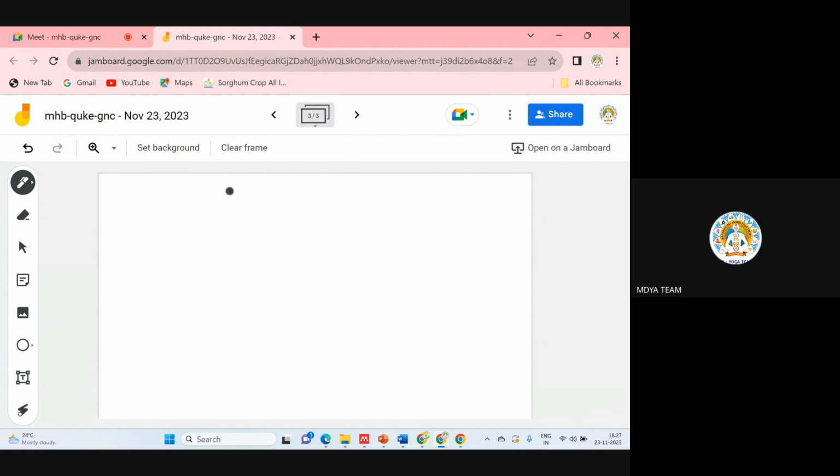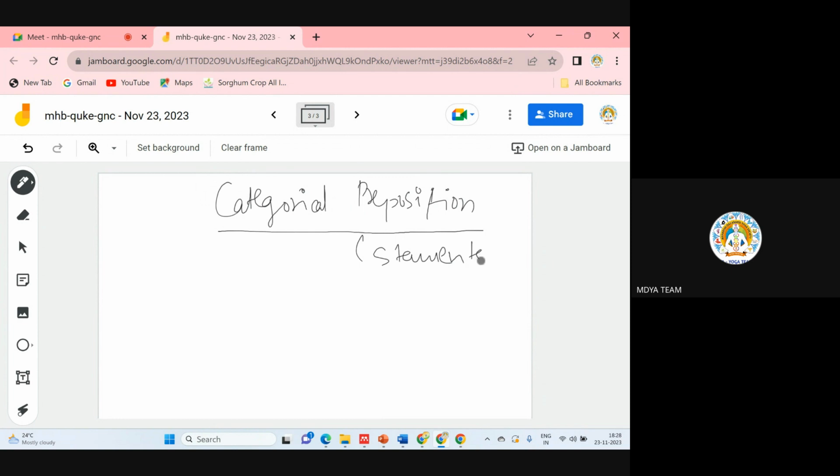We are now starting categorical proposition. Propositions means statements. Categorical means based on categories. So arguments based on categories are categorical propositions.